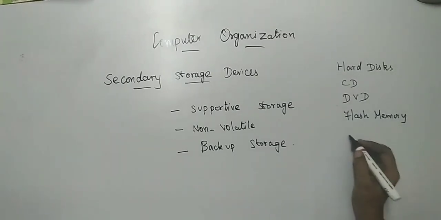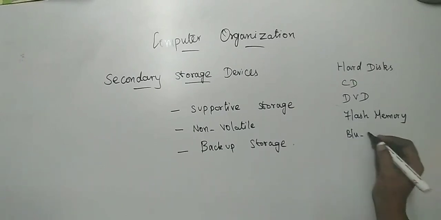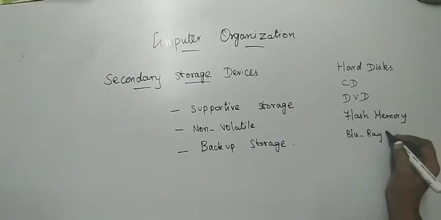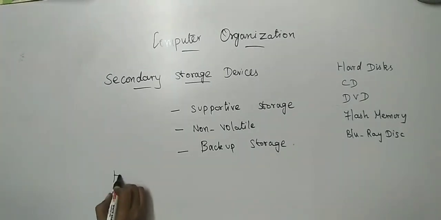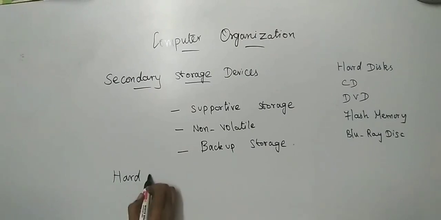The next one is the Blu-ray disc. So these are the 5 devices that we are going to discuss today. First we are going to see the hard disk.